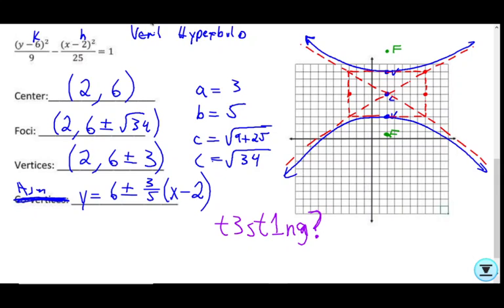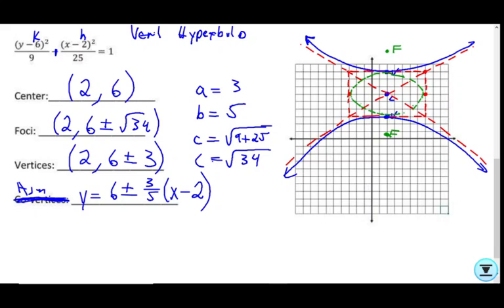Now, I do want to show you guys something just so that you can see it. These two practice problems are actually very similar to the ellipse problems that we just did. Okay? If I just take this equation and change this to positive, basically this rectangle that we just drew, the ellipse actually shows up inside.